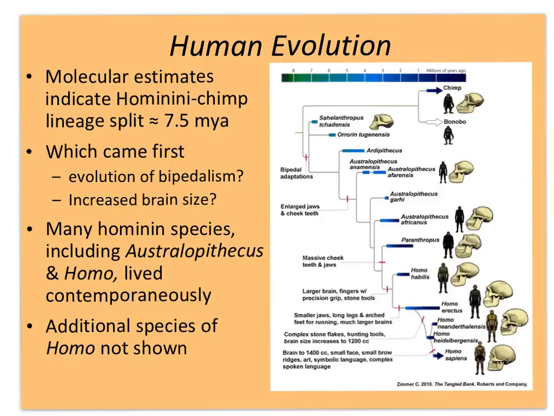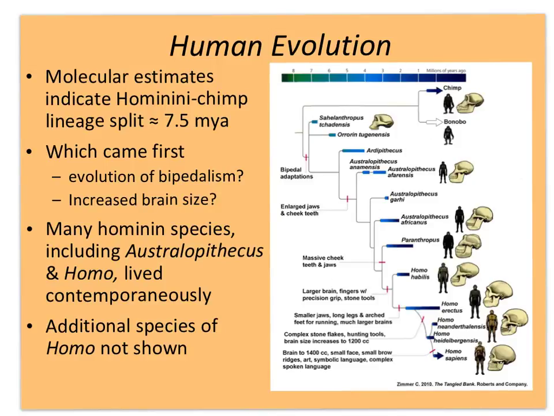Now, modern humans didn't just show up fully formed. They evolved like anything else evolved from a common ancestor. Remember I showed you that apes have 24 homologous chromosomes and humans have 23. What happened to that extra chromosome?